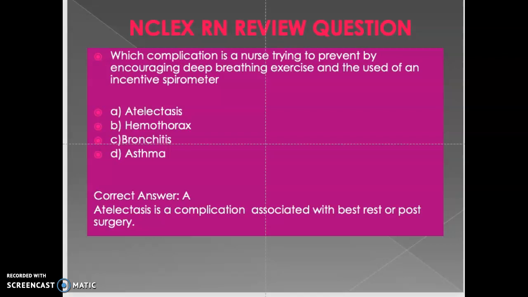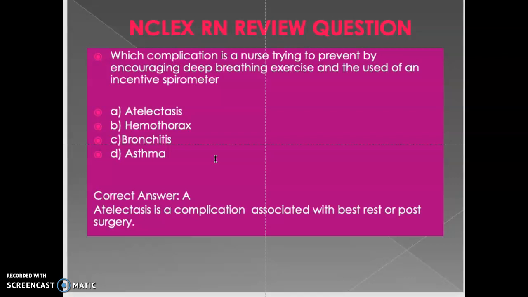We have another question here. Which complication is a nurse trying to prevent by encouraging deep breathing, exercise, and the use of an incentive spirometer? Atelectasis, hemothorax, bronchitis, asthma. We know the complications that are associated with bed-bound patients are atelectasis.